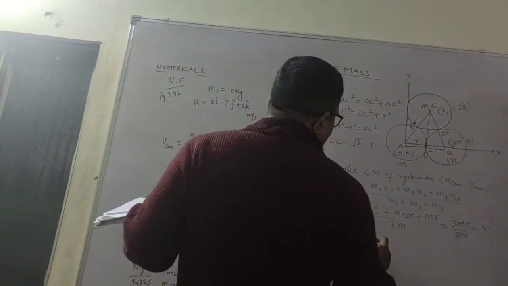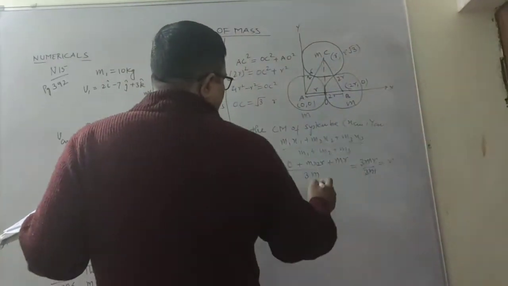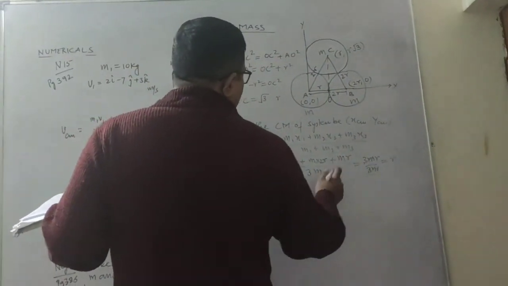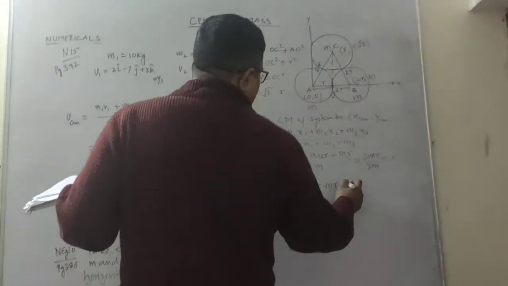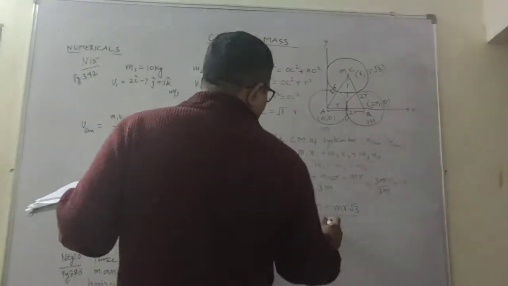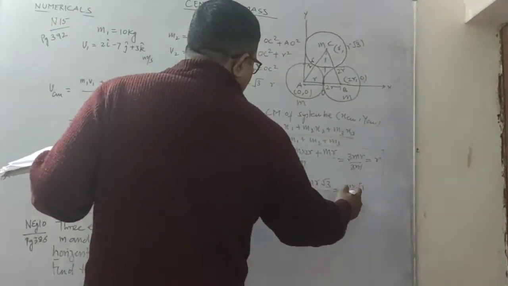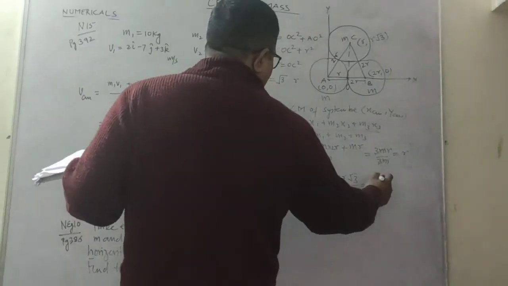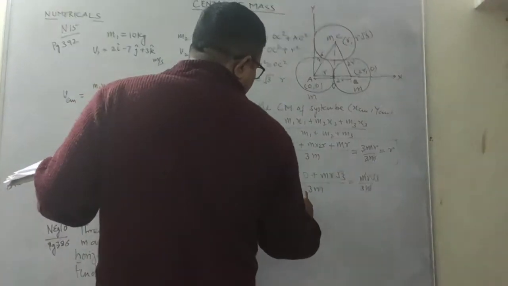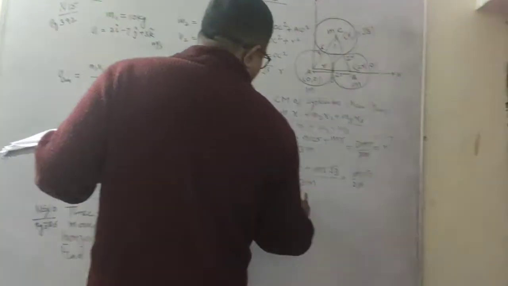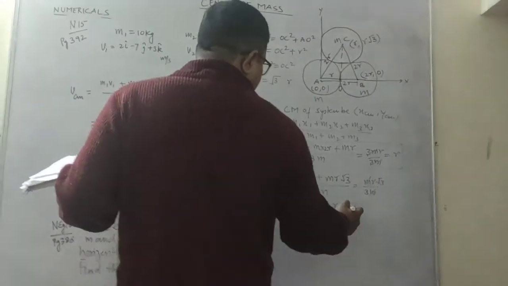Ycm is here m1 y1, that is 0, m2 y2, that is also 0, m into 0 plus m into r root 3 upon 3m. So this is m r root 3 by 3m, and m cancels out. You are left with ycm, that is r root 3 by 3, or you can rationalize it.